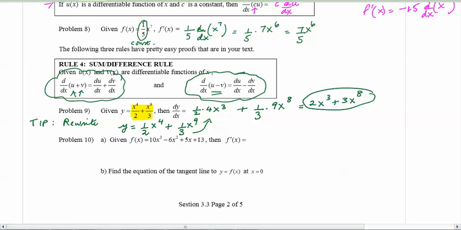For problem 10, I've got a whole mix here of differences and sums. This is a mixture of sums and differences. I'm just going to say the derivative of this is simply going to be the sum and differences of the separate derivatives. So I just simply differentiate each of these separately.